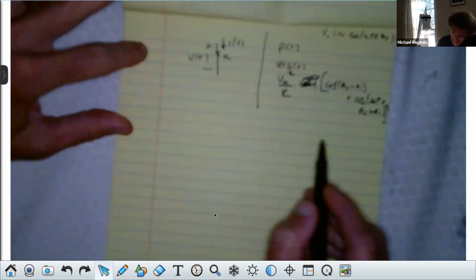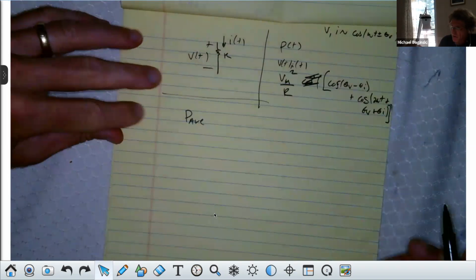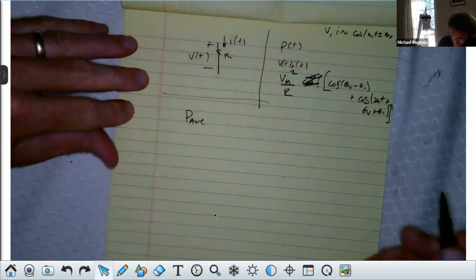For a resistor, the average value, capital PAV, this is the average power in a resistor. Please watch this. This is the one we worry about.